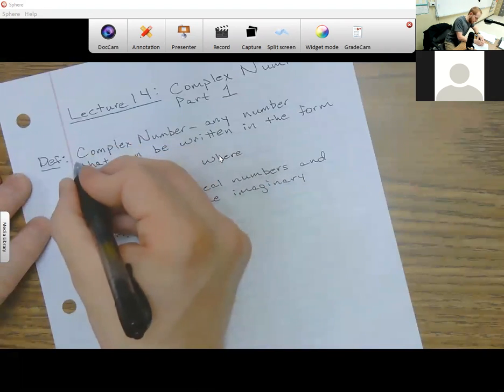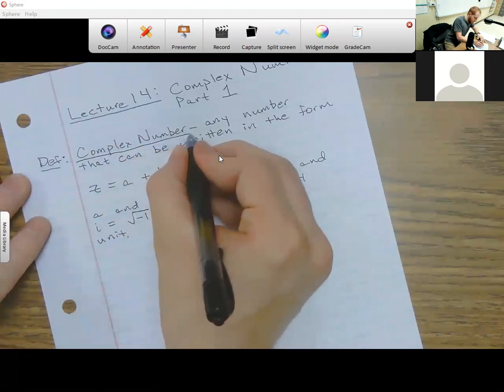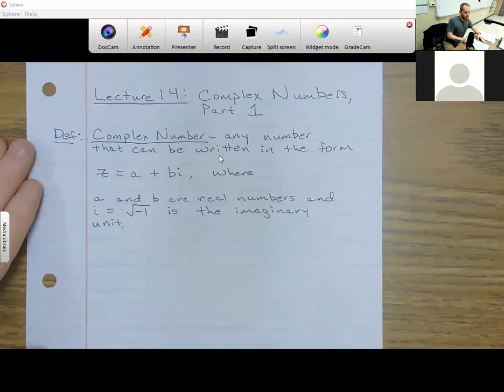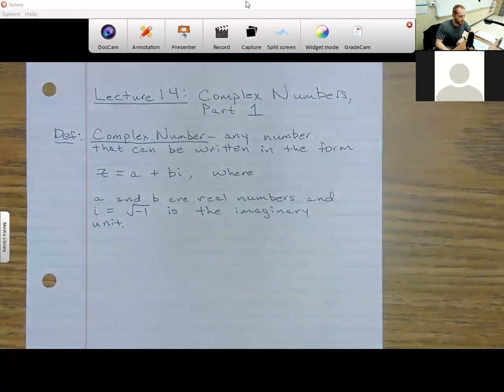And let me underline complex number. There you go.